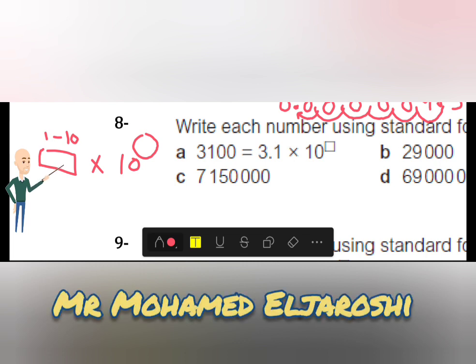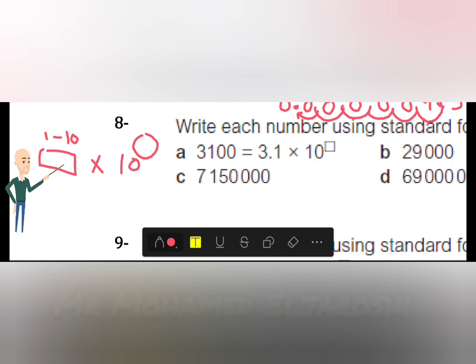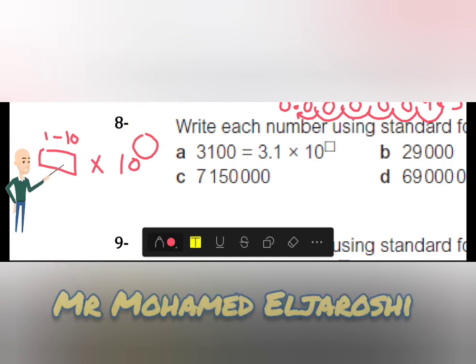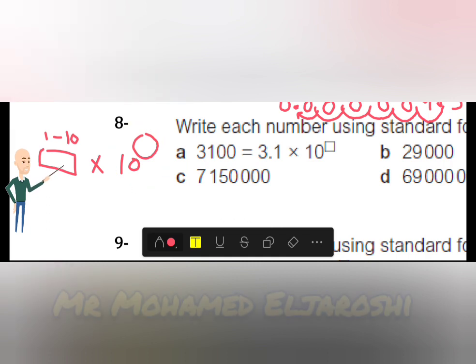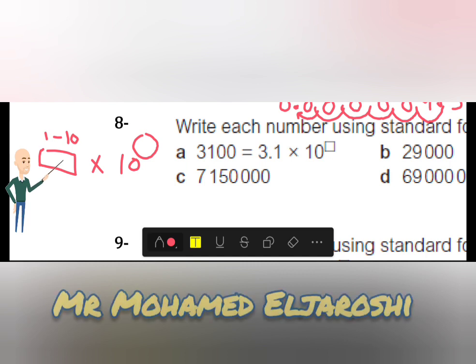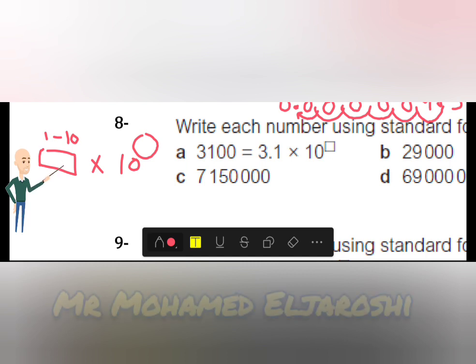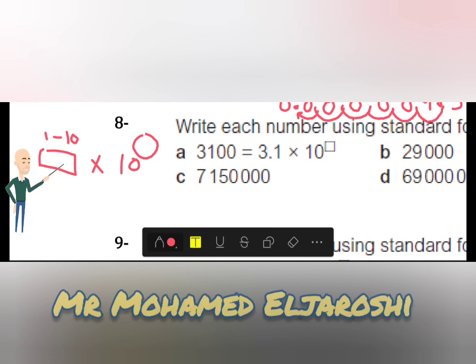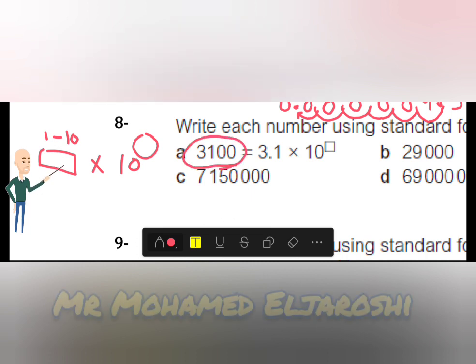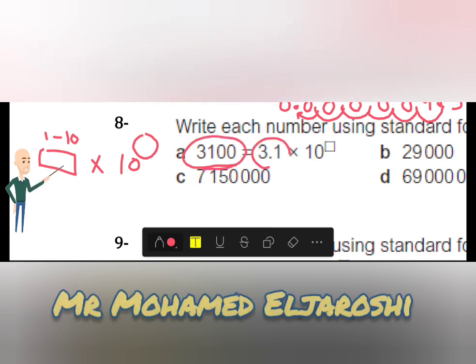So this power must be any number except these numbers. So a standard form is a number which is between 1 and 10 and multiplied by a 10 with a power. So the main rule or the first rule that you have to accomplish is making the number between 1 and 10. As we did here, we made 3100 3.1.